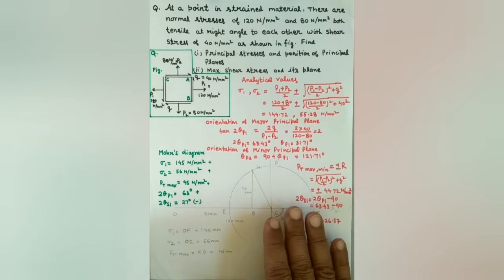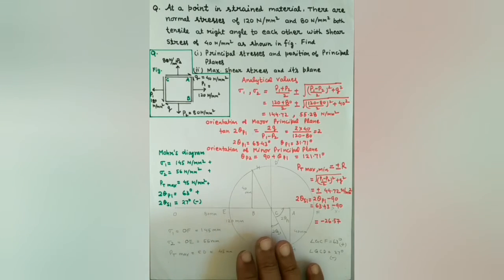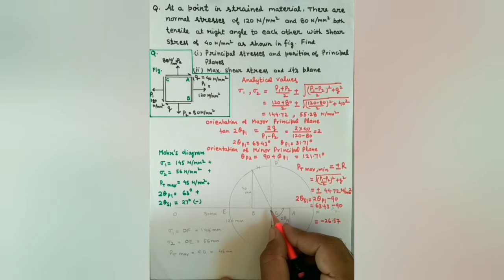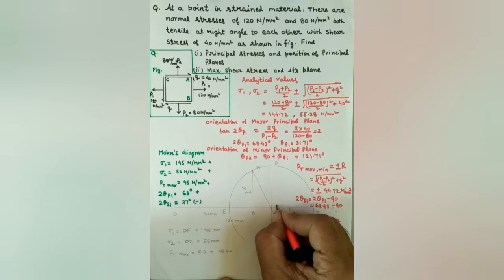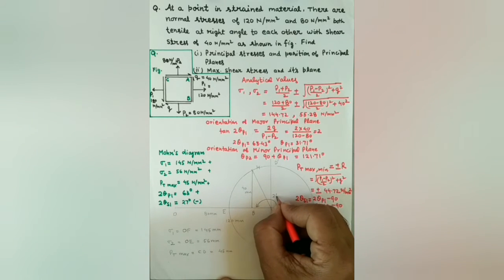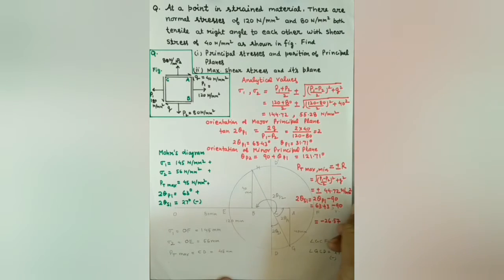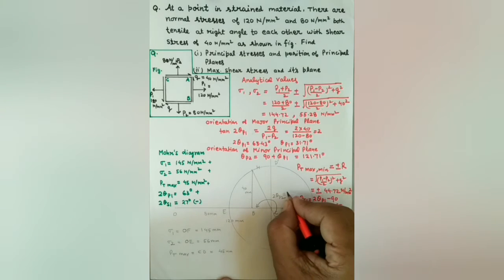So angle 2 theta P1 is 63 from Mohr's diagram, and it is 63.43 from the calculations, and theta P2 is 121.71. 2 theta S1 is minus 27 from the Mohr's diagram, and it is minus 26.57 from the formula.